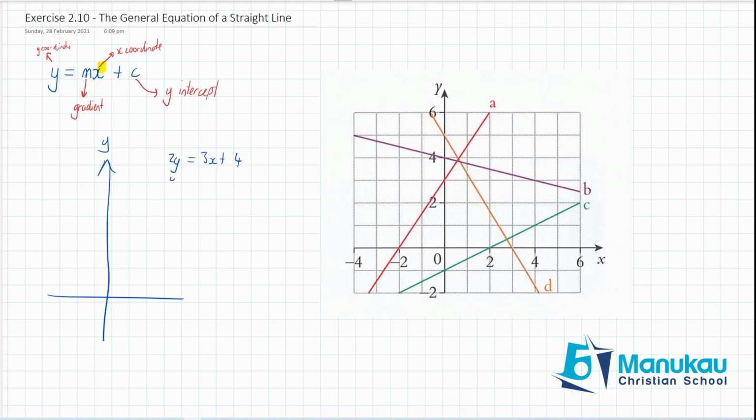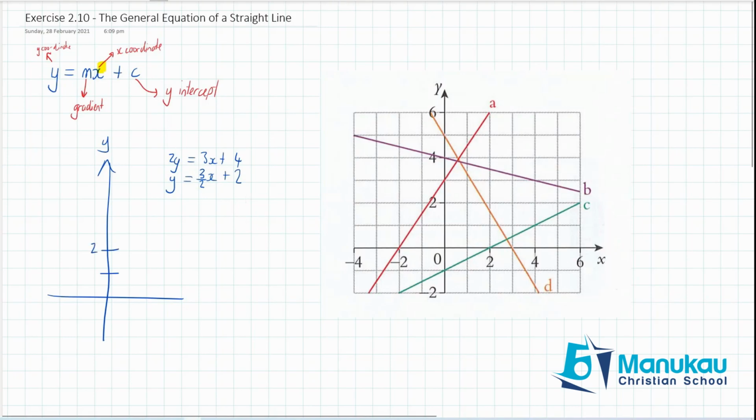Now I would have to rewrite this by dividing both sides by 2 so that I've got a y equals mx plus c. I can't have a 2y, so I'm dividing everything by 2. Thus my 3 becomes 3 over 2x, and my 4 becomes 4 over 2. Right, 4 divided by 2, and we could just rewrite that as 2. So now I know that my intercept is at 2.